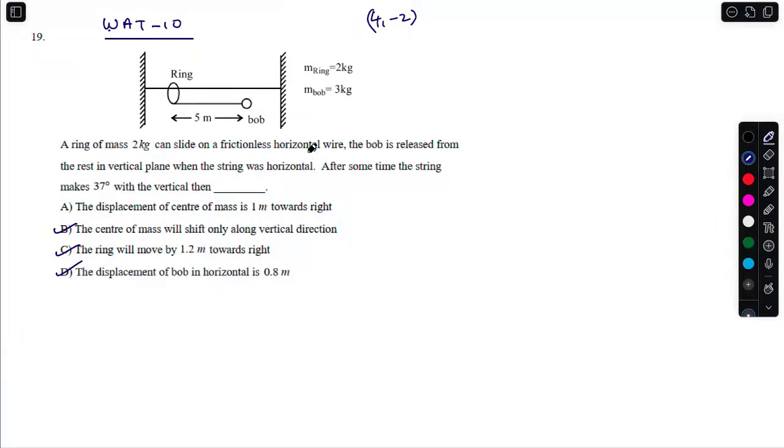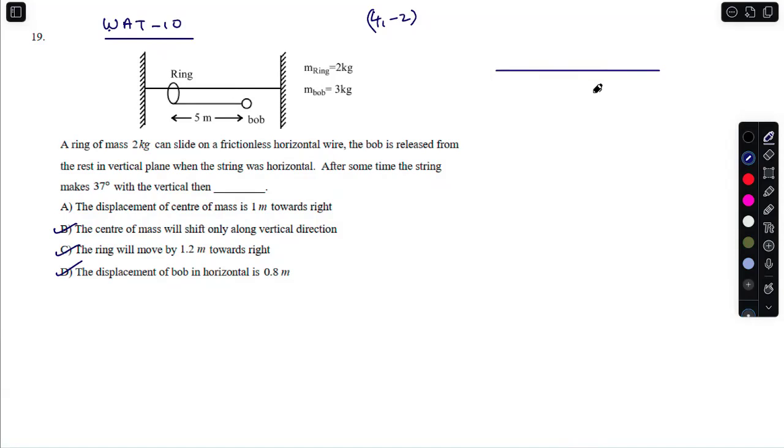A ring of mass 2 kg can slide on a frictionless horizontal wire. The bob is released from rest in a vertical plane when the string was horizontal. After some time, the string makes an angle of 37 degrees with the vertical. First of all, what is happening over here?